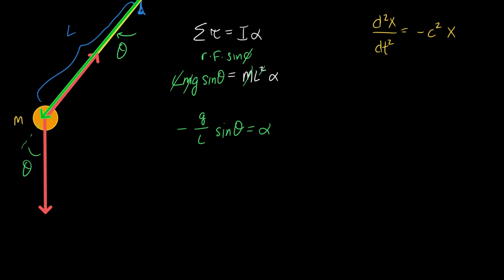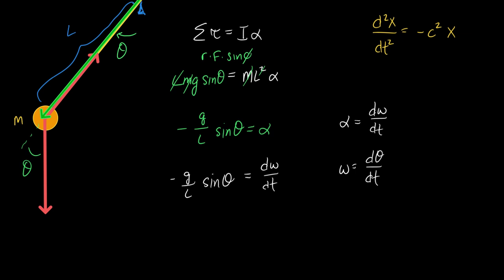Now, my recollection is alpha is d omega dt, and omega is d theta dt. Right? Motion equation stuff from kinematics. They'll behave just like the motion variables. So I can replace alpha with d omega dt, and I can replace omega with d theta dt.